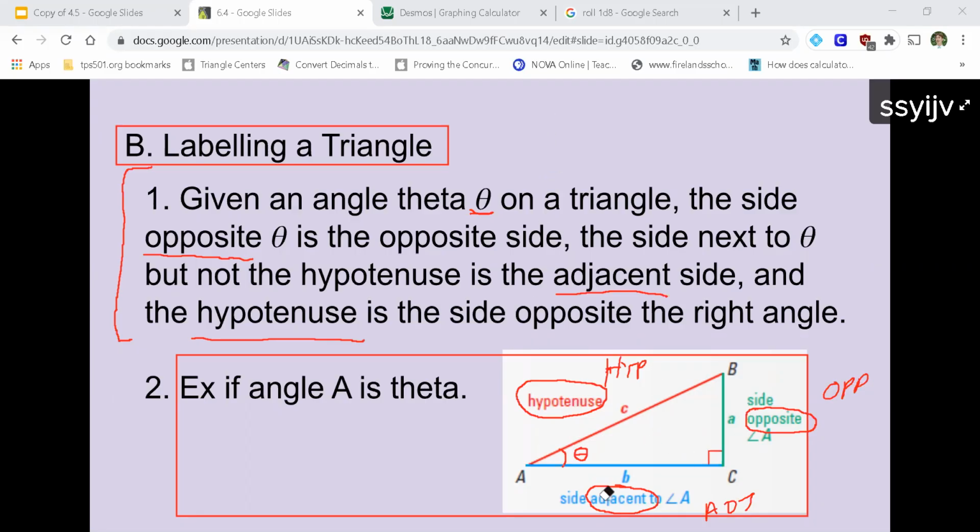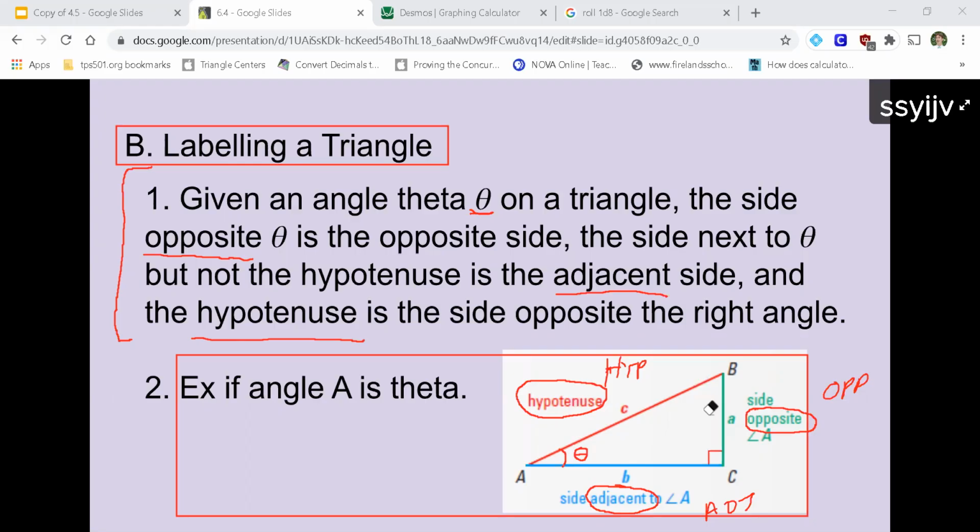This leg over here, we call the adjacent side because it is next to the angle. And this side over here, we call the hypotenuse because it's opposite the 90-degree angle. Okay.